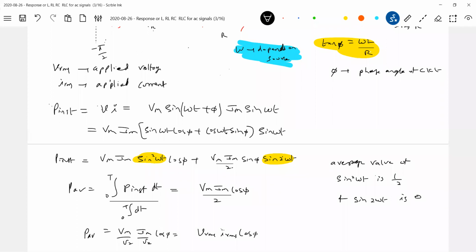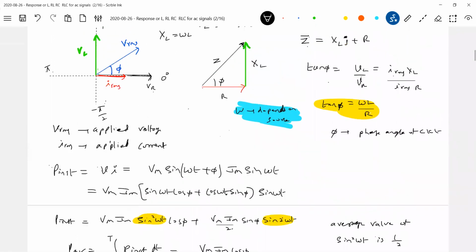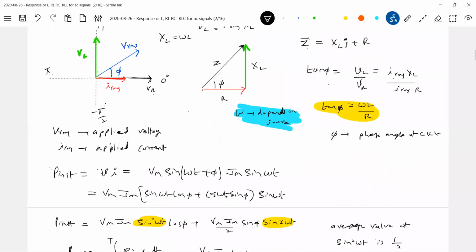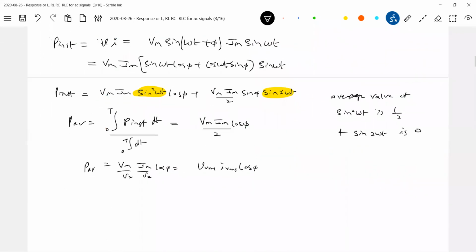Whatever the circuit, calculate that cos phi. How to calculate cos phi? I'll give this cos phi a very good name: I'll call it the power factor. Cos phi is called the power factor.